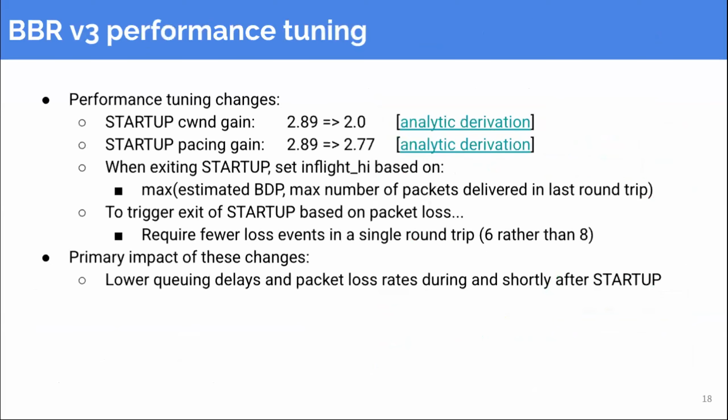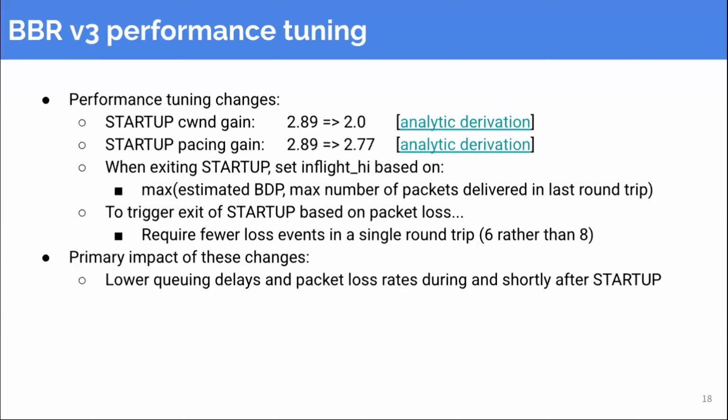And then the second area of improvement for BBR v3 was performance tuning. And we made a number of minor performance tuning adjustments. Just to go over them quickly, you can dive into the links here for more information if you're curious. But there's a mode at the beginning of BBR called startup, where it is rapidly probing the network, exponentially growing its sending rate to try to find the available bandwidth in an efficient manner.